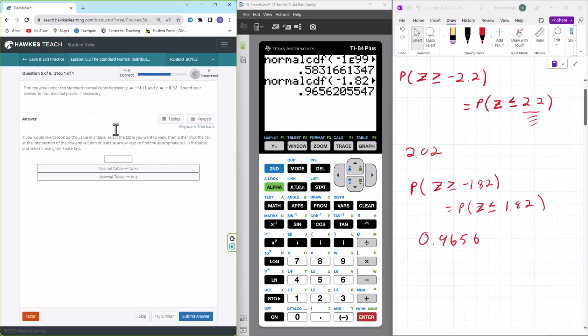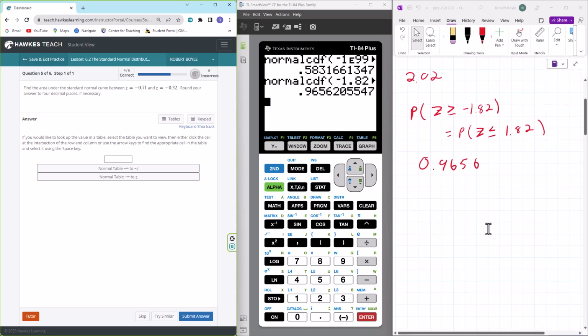All right. Now, the last two problems, which if you've mastered it by now, you still want to do because this is one of the 3 parts of this lesson, is to find the area under the curve between negative 0.71 and negative 0.32. Now, for this one, I'm going to go ahead and use the tables. This is actually the harder way to do it, but let's go ahead and do it that way.